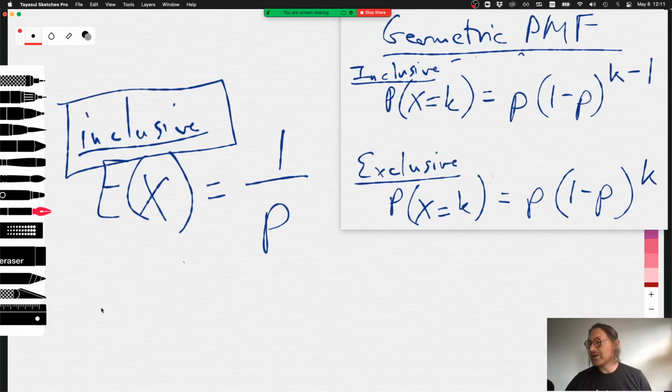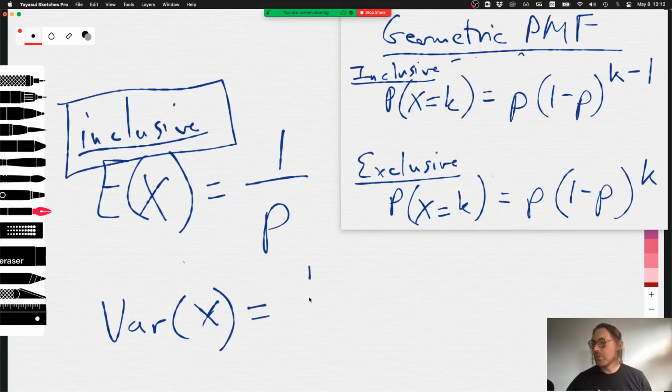The variance of x is going to be 1 minus p over p squared. Pretty straightforward. It turns out the inclusive and exclusive variance have the same formula.